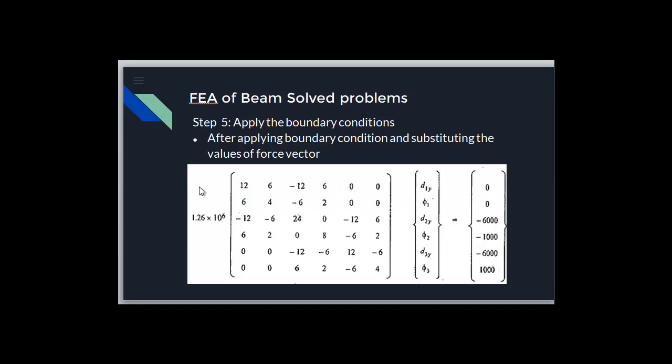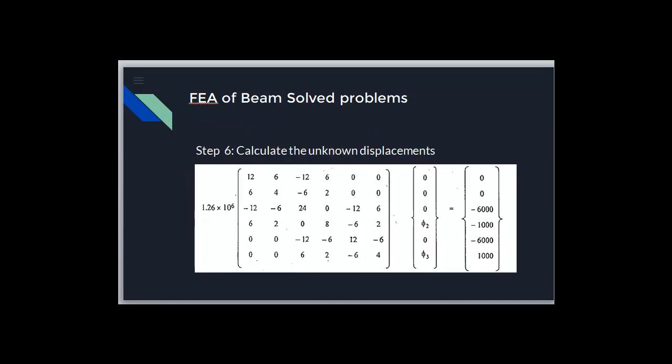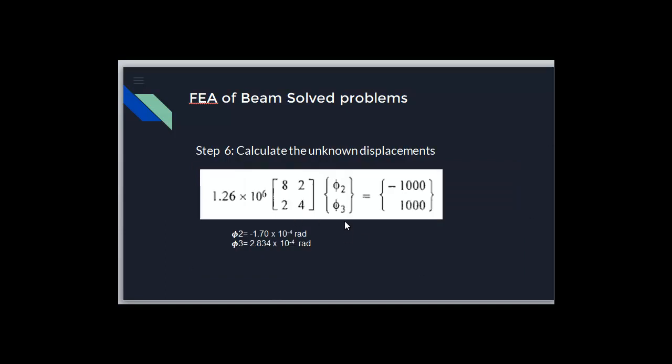After substituting and simplifying the stiffness matrix and the force vector by applying the zero boundary conditions, by removing the rows and columns that correspond to the zero boundary conditions, the finite element equations will be simplified in terms of phi2 and phi3. The unknown displacements in terms of rotation can then be found as minus 1.70 times 10 to the power of minus 4 radians for phi2 and 2.834 times 10 to the power of minus 4 radians for phi3.